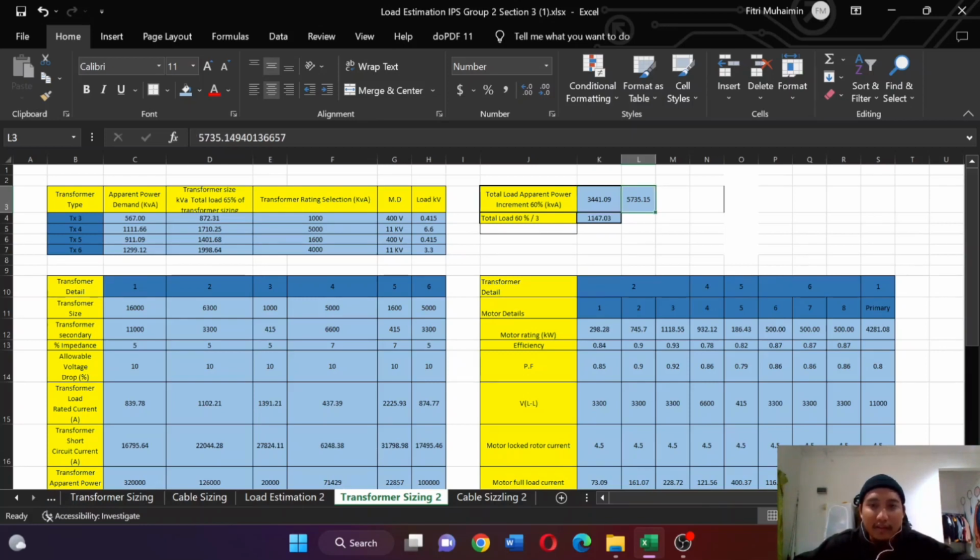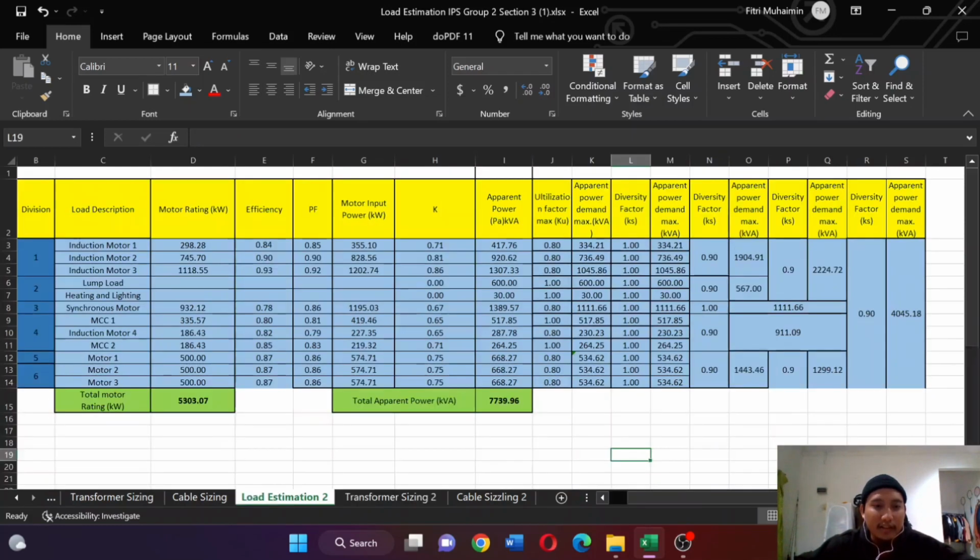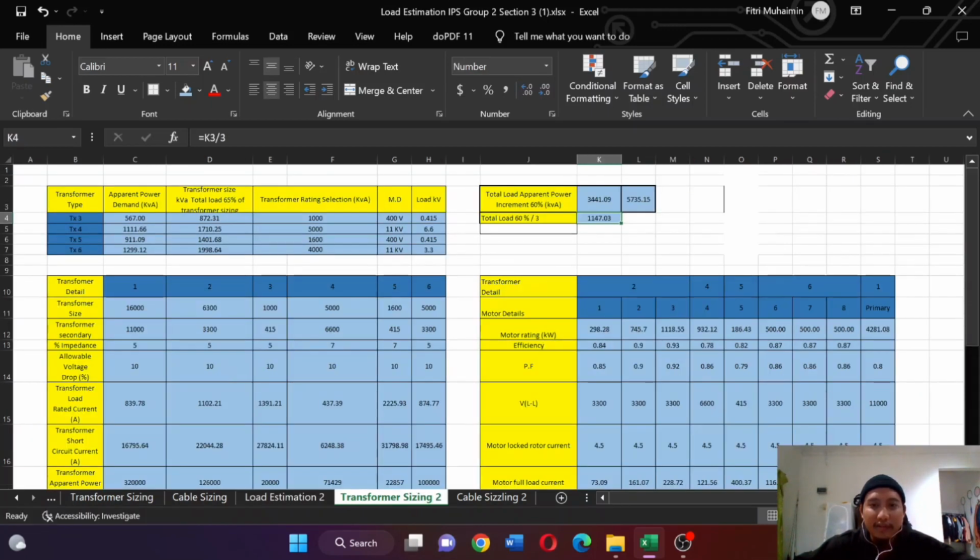This is the existing load that we get, 5,735, and this is a 60% total increment for our total existing load, 3,441. So this is our calculation. We divide by 3 to get for one. We add on 3 motors for 2 divisions, and this is our calculation for 60%.